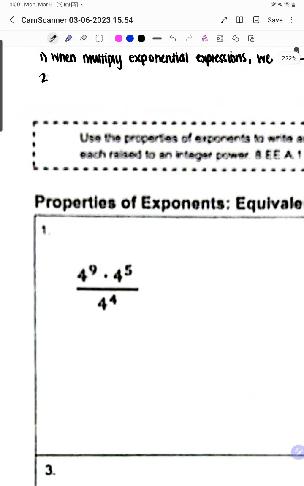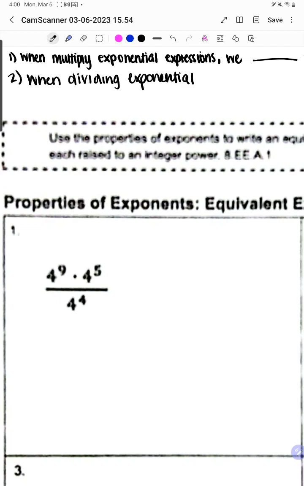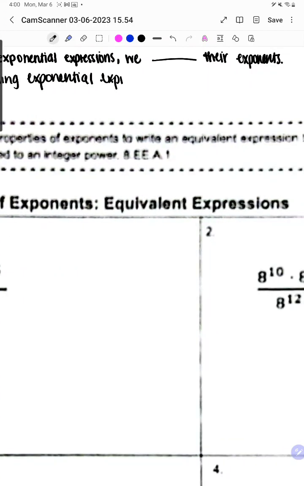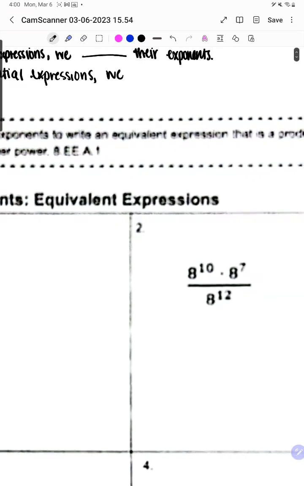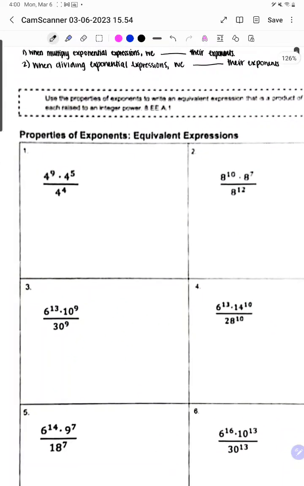Okay, the second thing is when we divide exponential expressions, we blank their exponents. And I want you guys to once again go through and fill in what that blank should be.